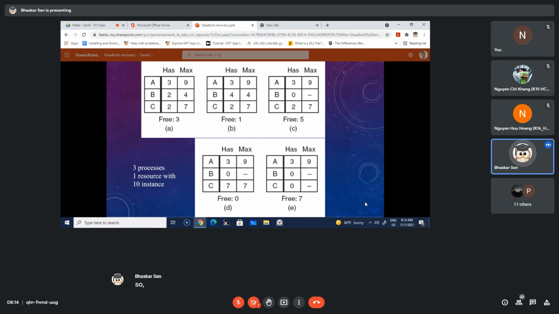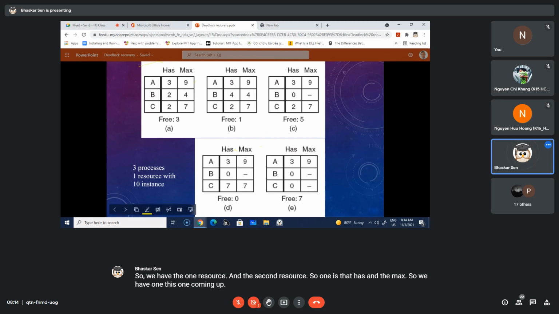So we have the one resource and the second resource. So one is the has and the max. So think about it. What is has? Has means the current allocation matrix, and this is max.